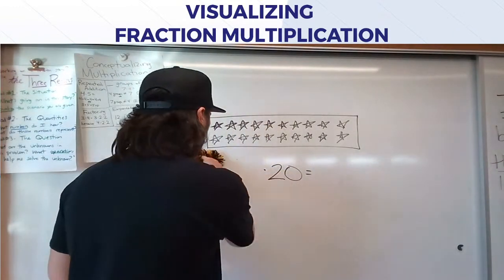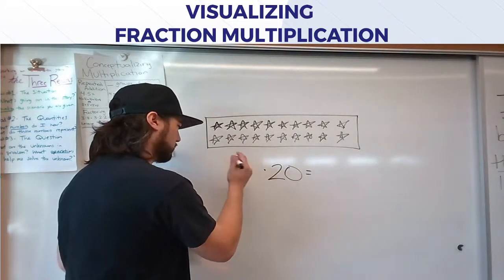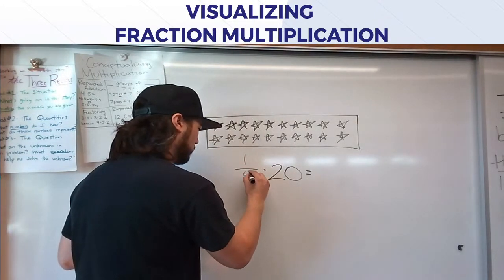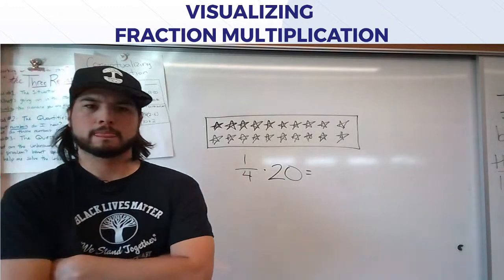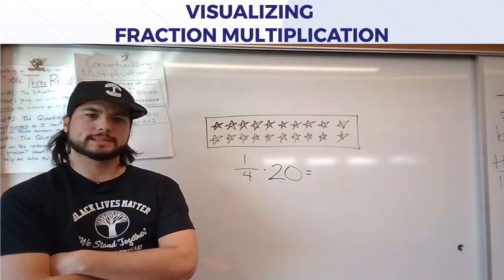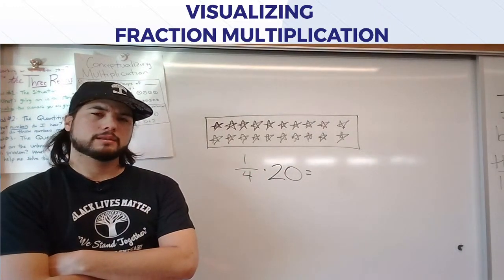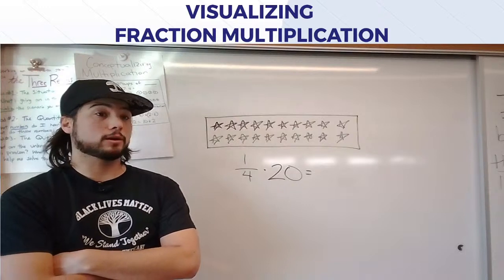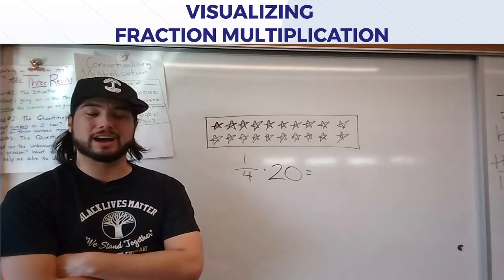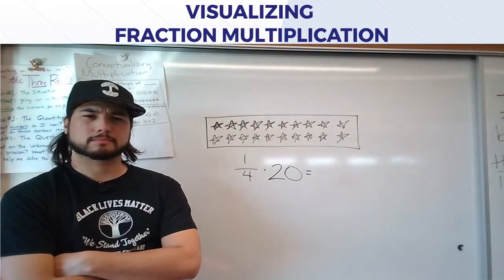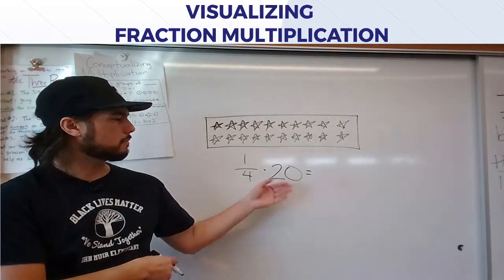Instead of 4 times 20, what if it was 1/4 times 20? Now this is where things get tricky, and this is where it helps to visualize it and actually draw out our multiplication here.